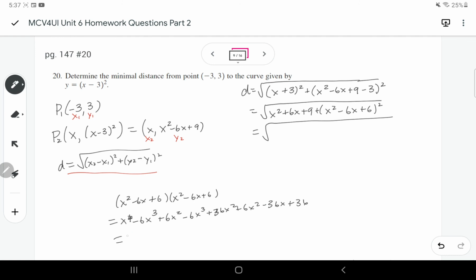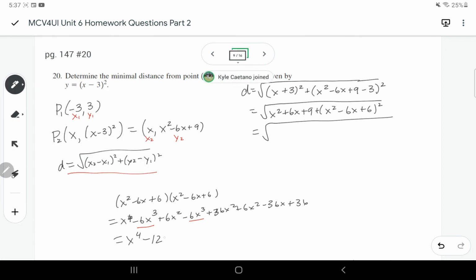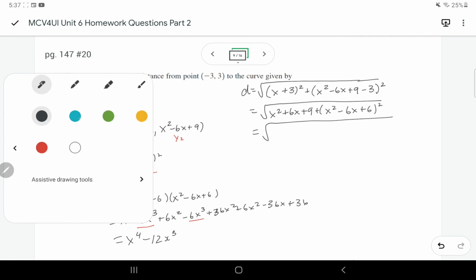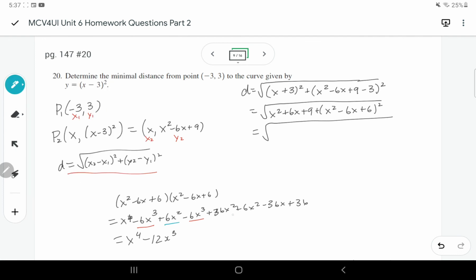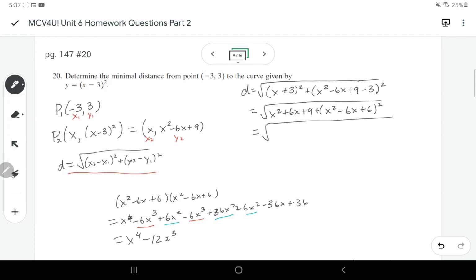Lots of 6's in there. So we get x to the 4th, minus 12x cubed, and then how many x squareds? 6, 42, 48.